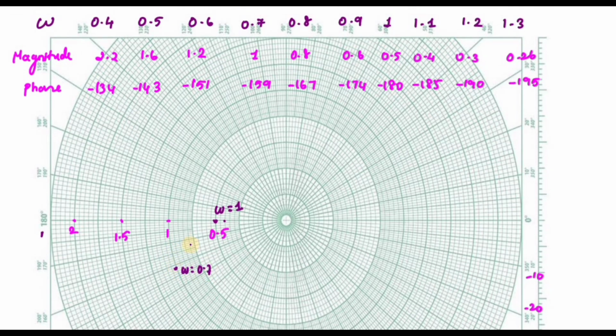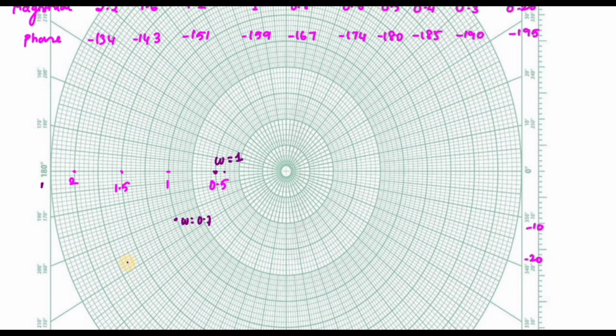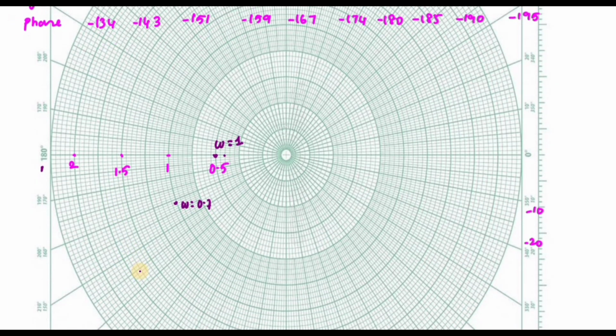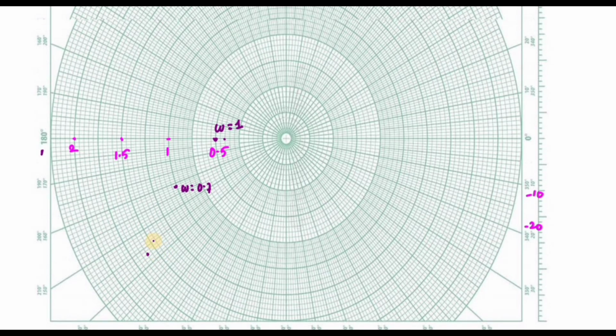In a similar way, I can fix 2.2. Next, I'm going to fix it for 1.6. This is 1.55 and this is 1.6. For 1.6, it is minus 143. So here you have 143. So at this point, the omega value is 0.5.